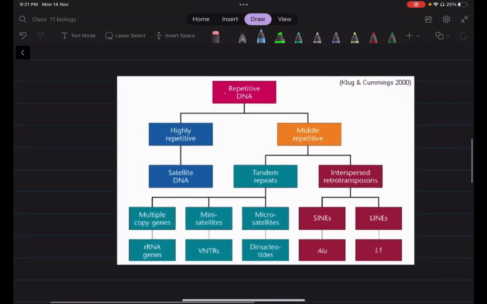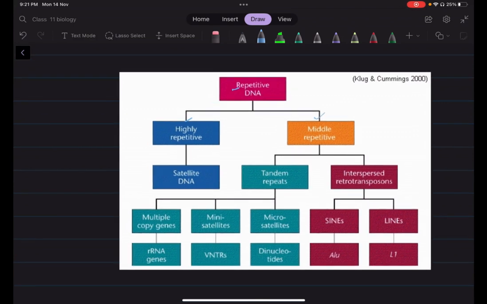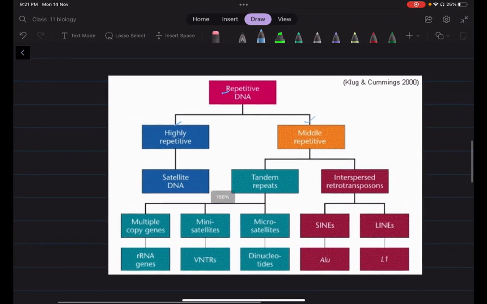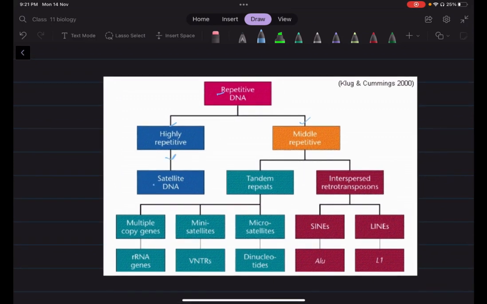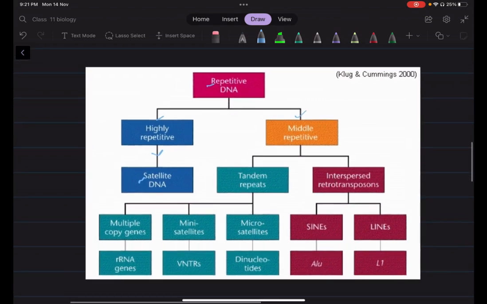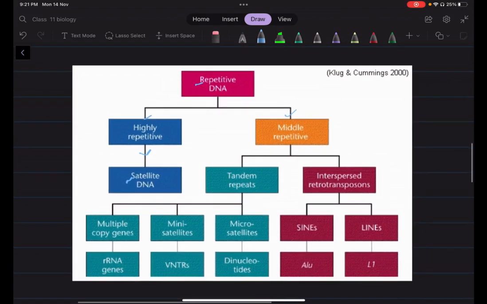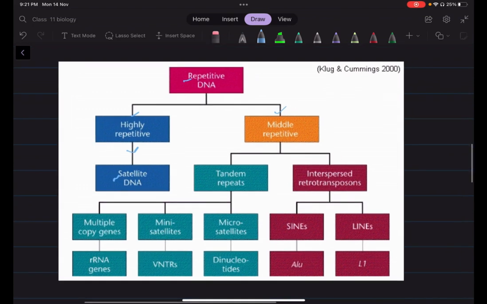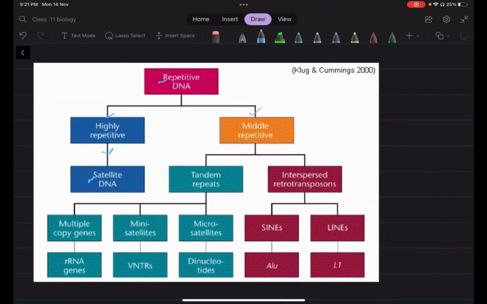Now you see, repetitive DNA is divided into two: one is highly repetitive and one is moderately repetitive. The highly repetitive DNA is basically called the satellite DNA, and the moderately repetitive DNA is divided further into two parts, the tandem repeats and interspersed retrotransposons. Interspersed retrotransposons are repeated but not next to each other.